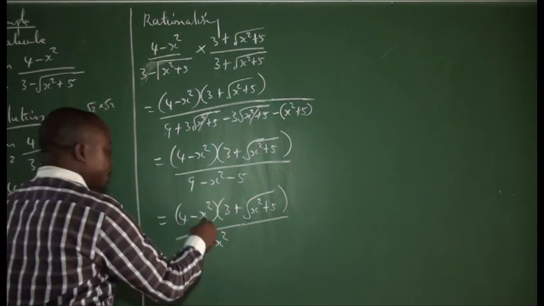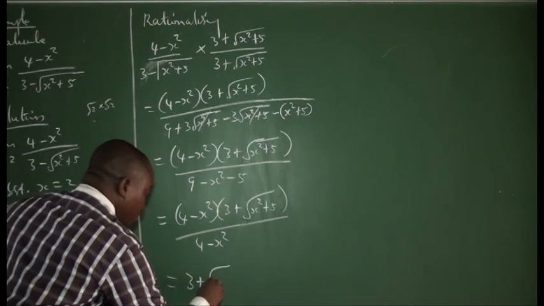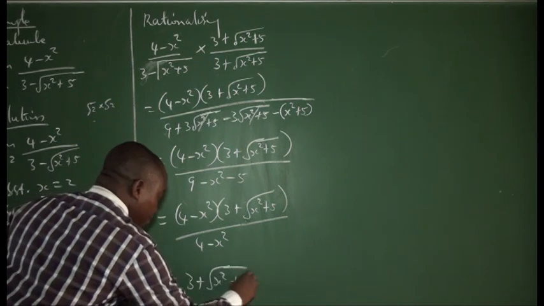So these cancel, and we come to have 3 plus root of x squared plus 5.